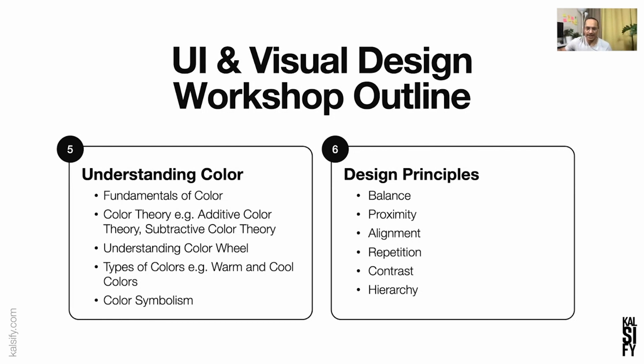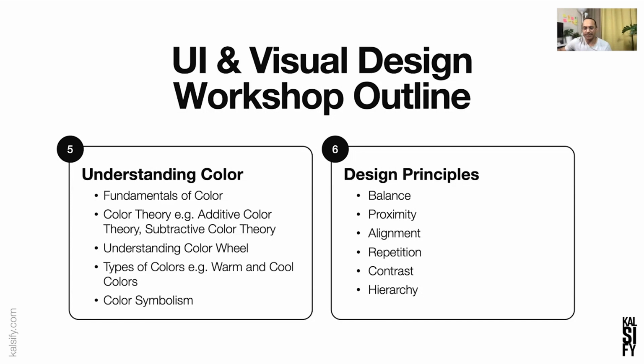Every color has some meaning. By understanding that meaning, it will become very easy for us to use the colors in our design, basically selecting the right color for the designs. So color also I'll talk about.